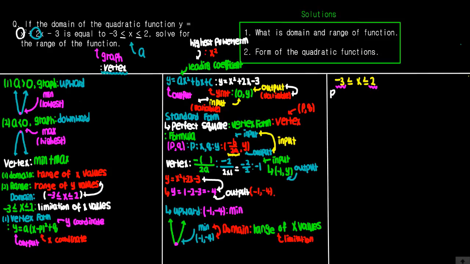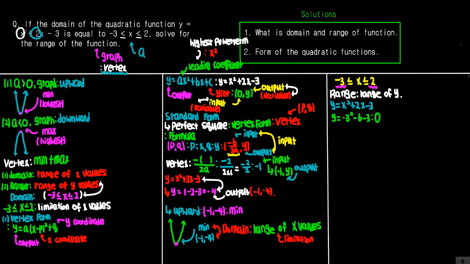And the range is going to be the range of the y coordinate in our function, or the y values. So if you input negative 3 into our original function, y is equal to x squared plus 2x minus 3, it will be y is equal to negative 3 squared minus 6 minus 3, and this is equal to 0.